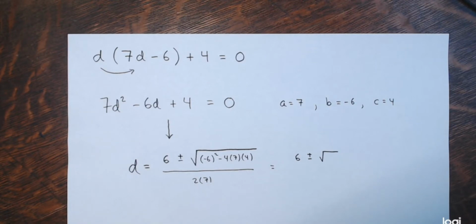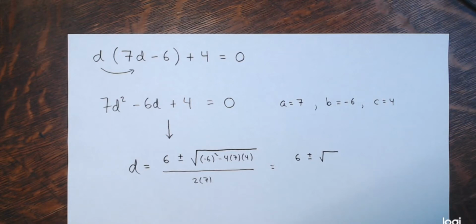No, 112. 70 plus 42 would be 112. So 36 minus 112. What, 76?